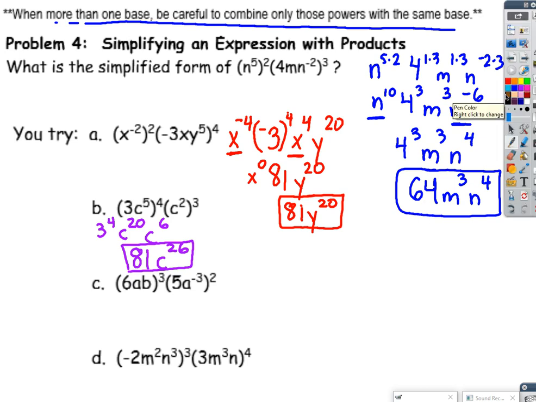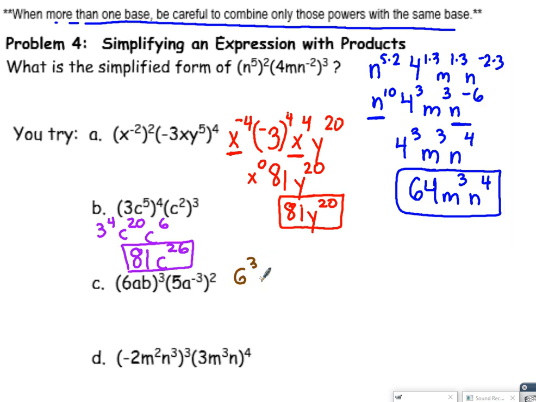Letter C. 6 cubed, a cubed, b cubed times 5 squared, a to the negative 6. 6 cubed is 216.